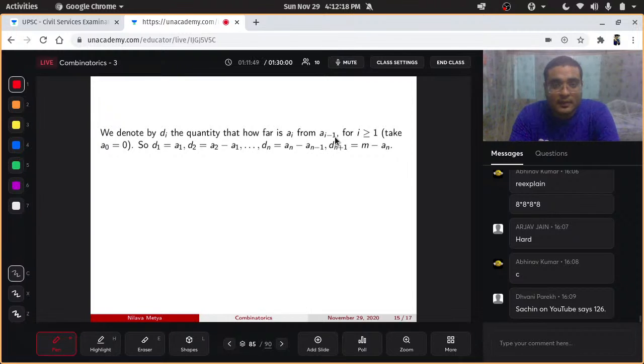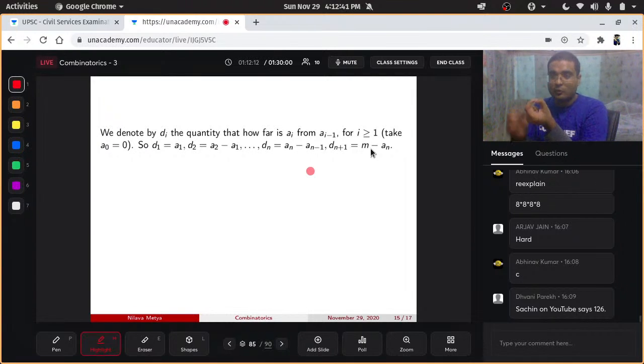So D1 is simply A1, because it's A1 minus 0. D2 is A2 minus A1, all the way up to Dn being An minus A(n-1). And what is D(n+1)? D(n+1) will be the distance from An to whatever is the maximum I can go.